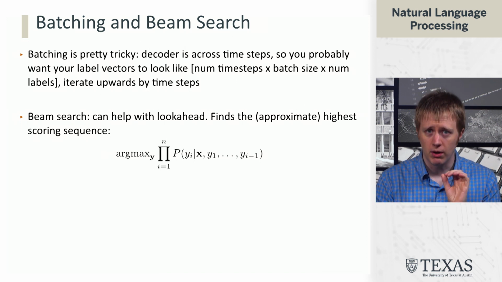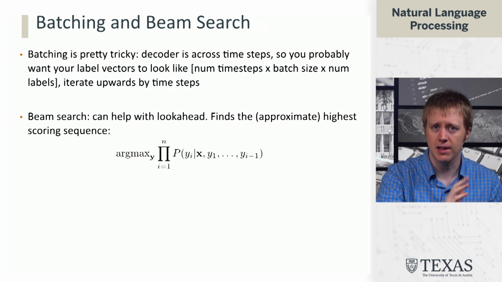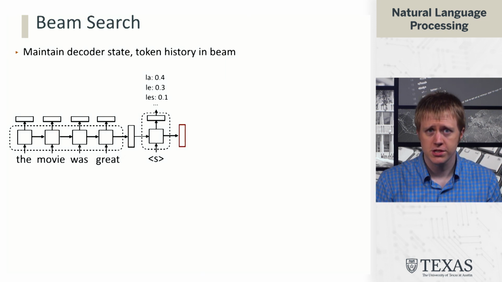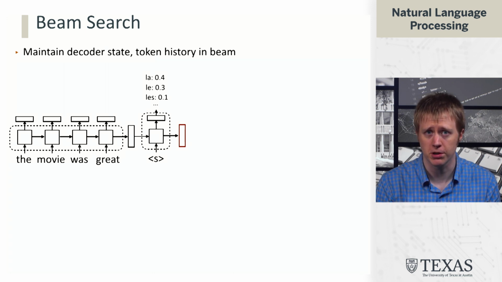Now, if you just greedily max at each time step, you don't necessarily get the highest probability sequence here. So beam search is a trick that often makes things a little bit better, but again, it's not a make or break. The greedy version works okay. But I'm just going to briefly tell you how beam search works here.